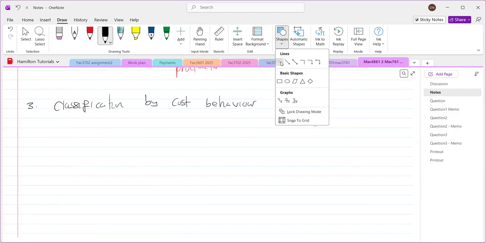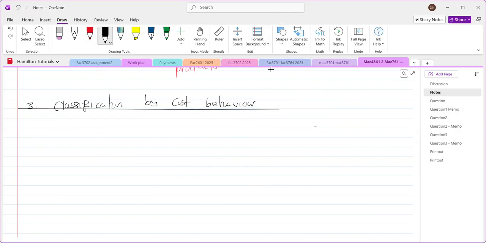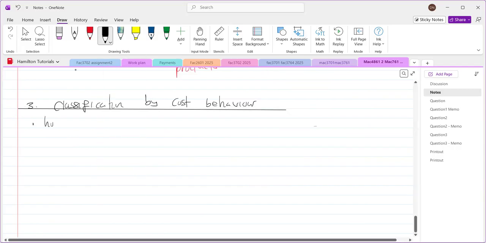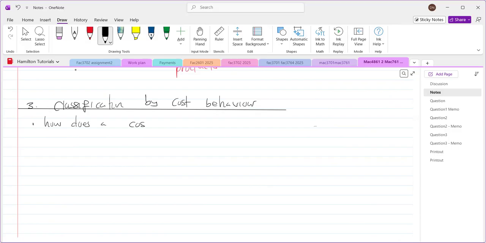So when we talk about classification of cost by cost behavior, we are saying, how does a cost respond to changes in output? By output here, we mean units produced.